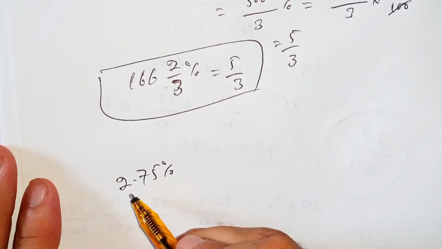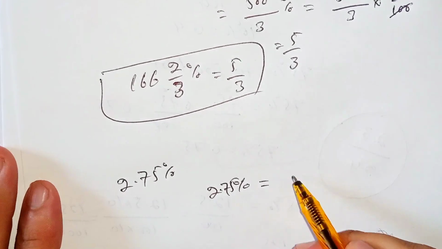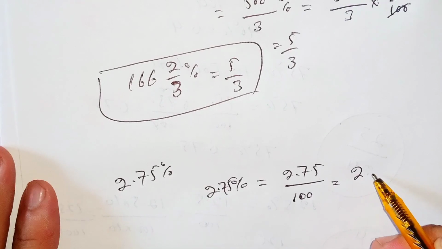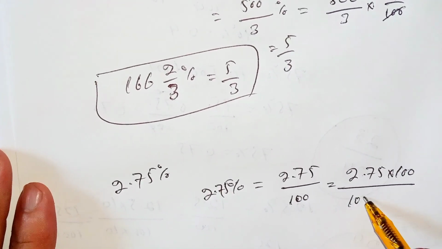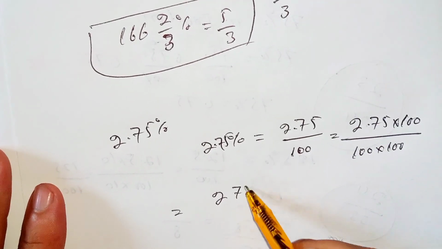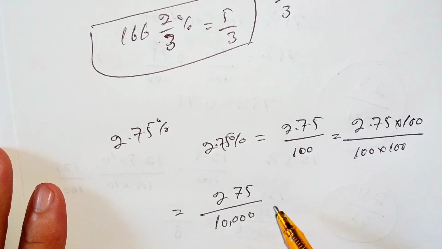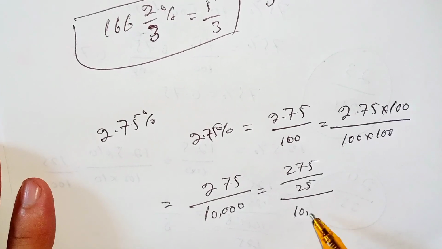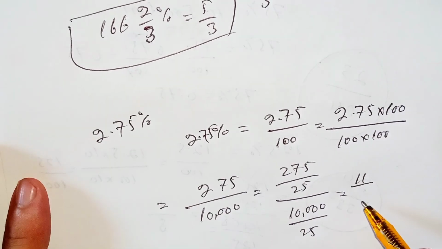Here is another question. What is 2.75% in fraction? So 2.75% is equal to 2.75 over 100. 2.75 multiplied by 100 divided by 100 multiplied by 100, which is equal to 275 over 10,000. 275 divided by 25 over 10,000 divided by 25, which is equal to 11 over 400.